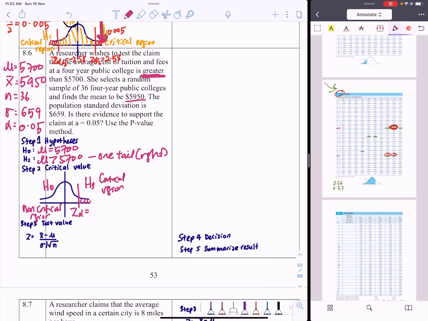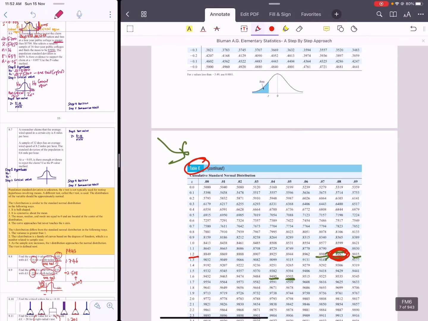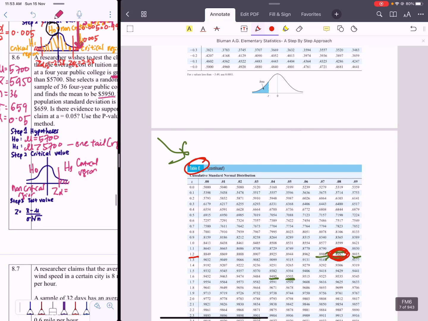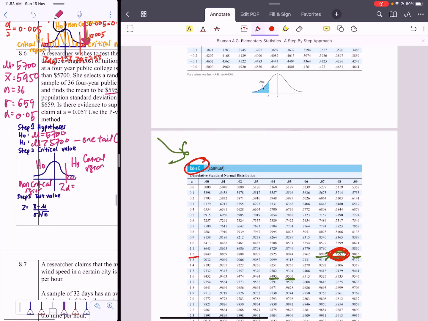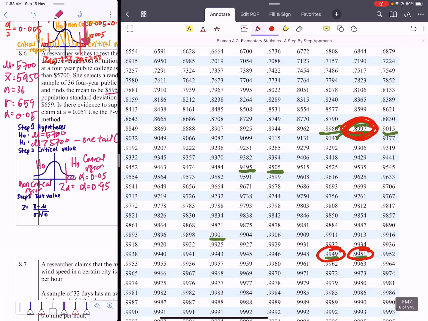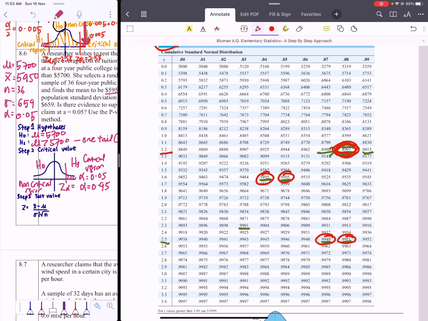Using the table, alpha is 0.05, so we need to use 0.95, which gives 1.65. Or actually, no need.